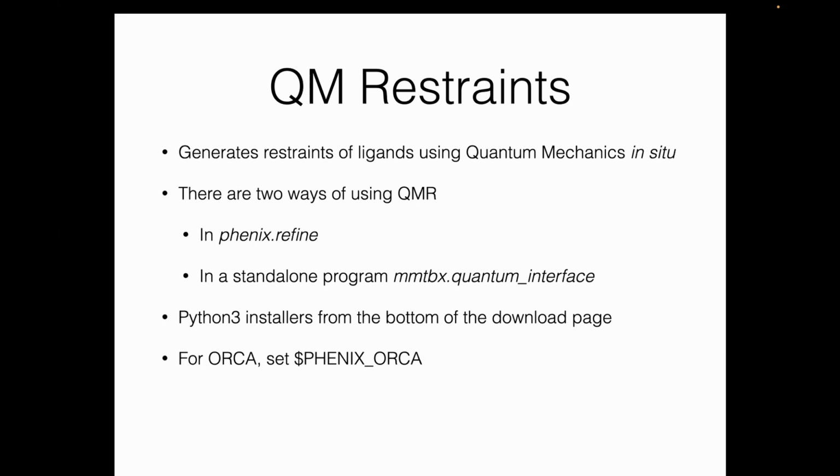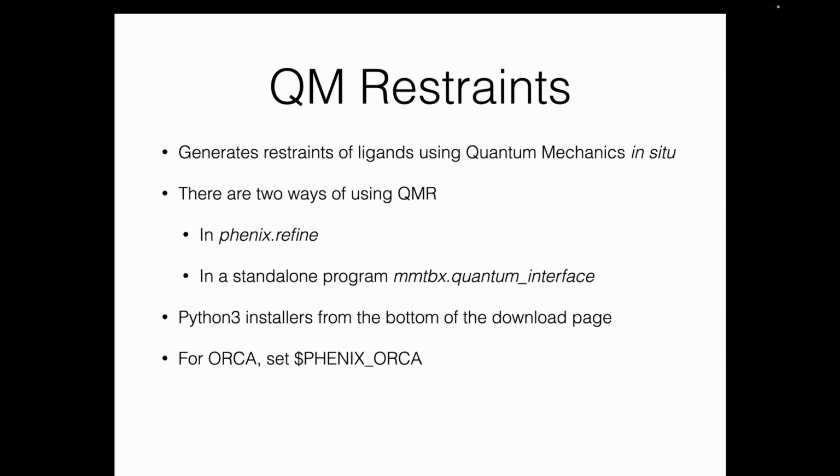So if you say I have a ligand and it's in my protein, what the program does is it takes the ligand and a sphere around it, puts it into QM, freezes the protein, lets the ligand move, and generates restraints for that particular orientation. So you're having a much better set of restraints, firstly because it's QM, secondly because it's in situ. So you're getting much better restraints.